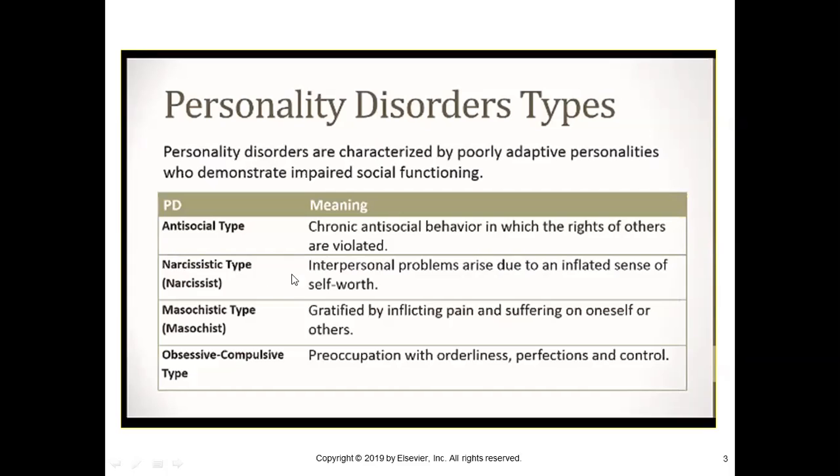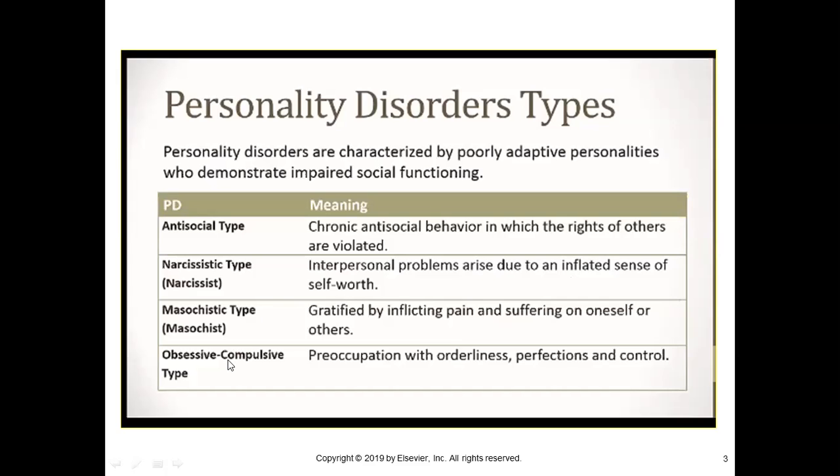Narcissistic type means they think they are all in all, and you have to always tell them what is good about them. So interpersonal problems arise due to an inflated sense of self-worth. They think they are all in all, right?